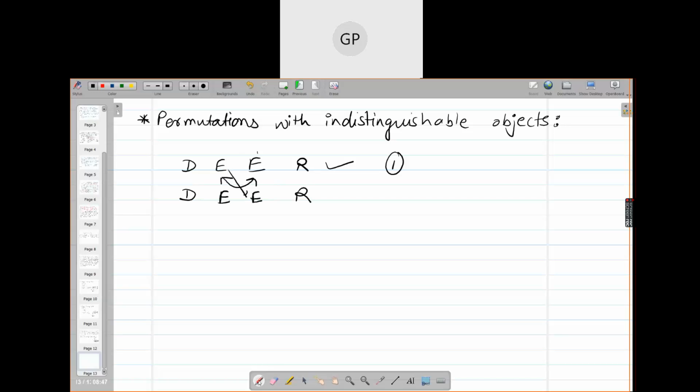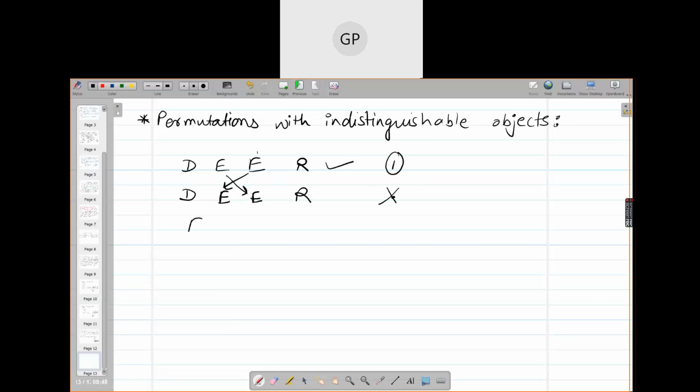Does it give a different arrangement? Will you consider this as a different arrangement? No. This E I wrote here, this E I wrote here, no? E is E, they are identical, they are indistinguishable. You understand me? And therefore this is not a different arrangement.